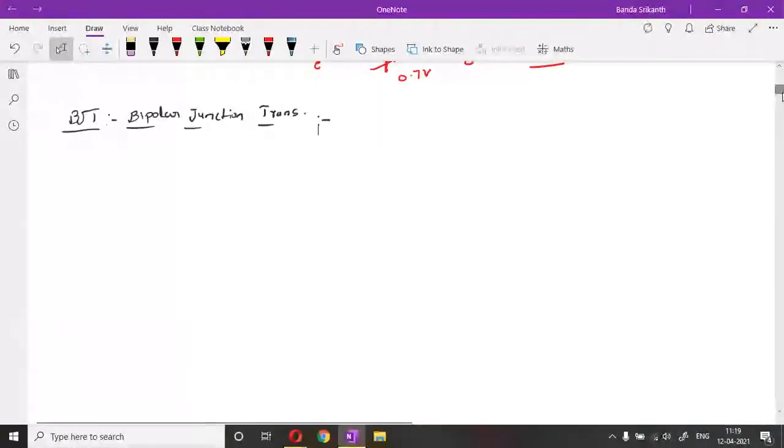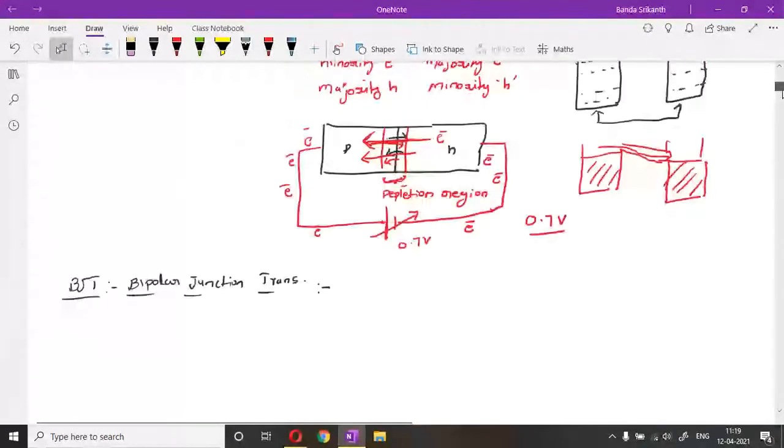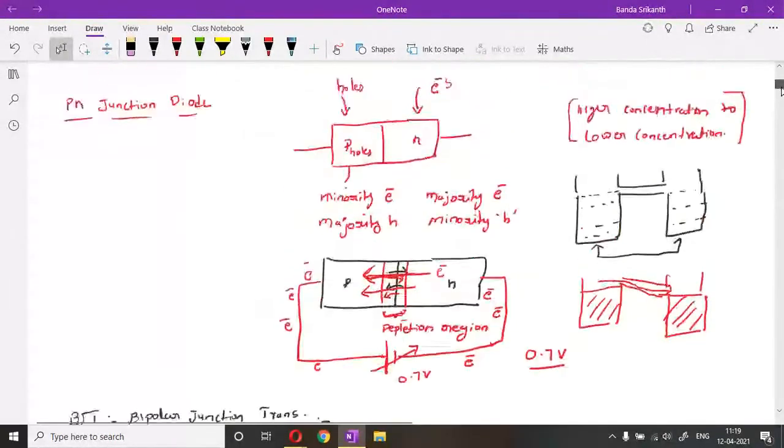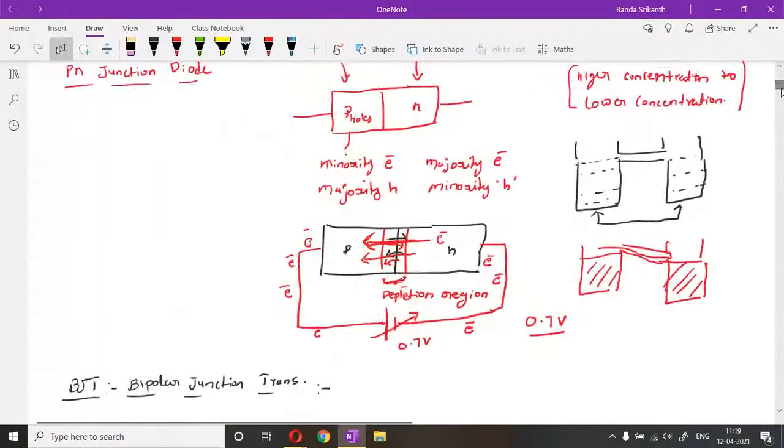Can anybody tell the background of electronics? Why was the p-n junction diode introduced? Why was the BJT introduced? Why were they manufactured? Can anybody tell the history behind this? Anybody? Anyone?